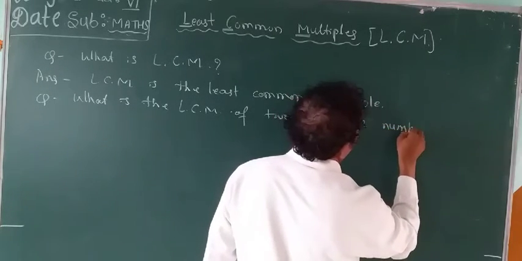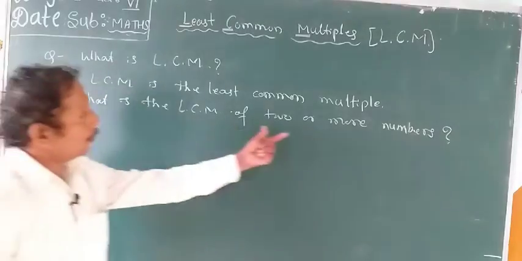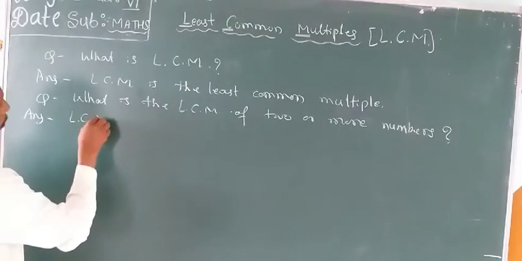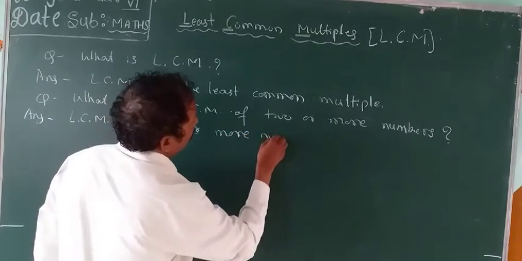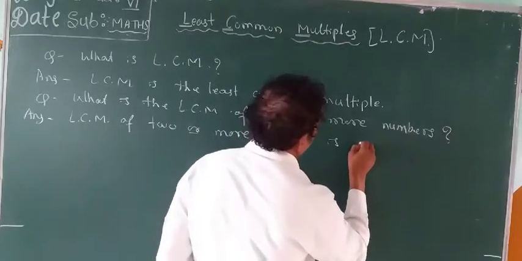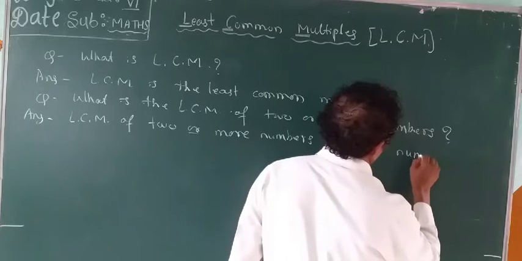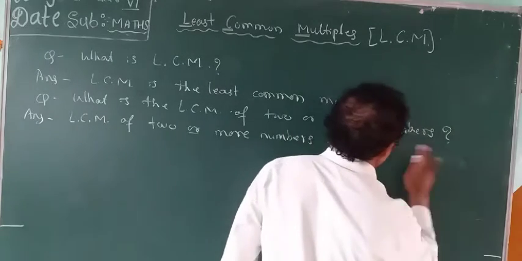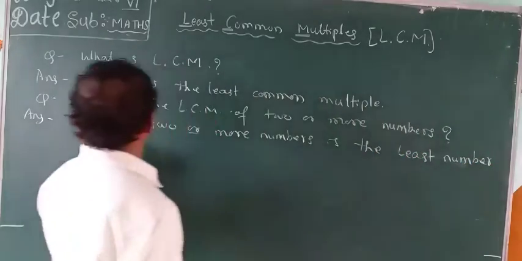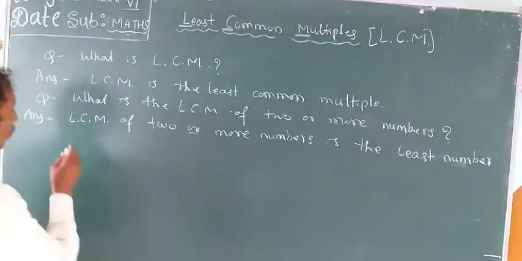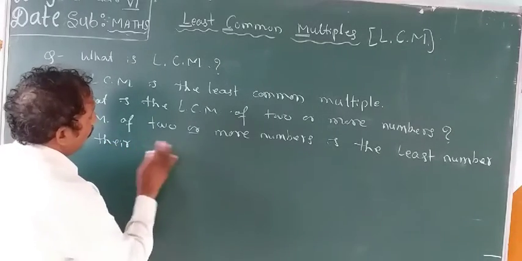Answer: LCM of two or more numbers is the least number of their multiples, of their common multiples.